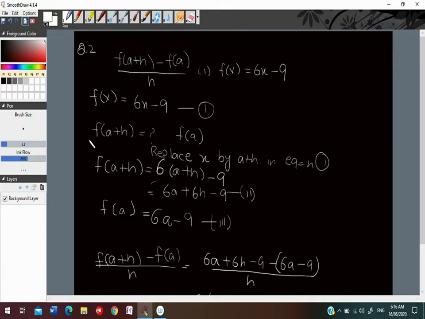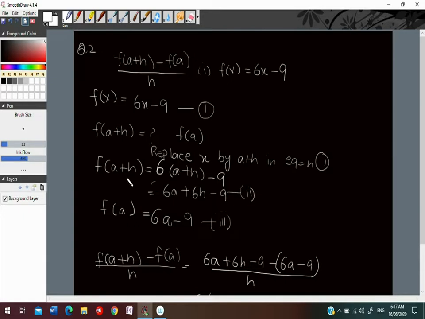And as we have done in the previous question, we just replace this x by a plus h and we get this result. Similarly, when we have to find the value for f of a, we replace this x by simply a.